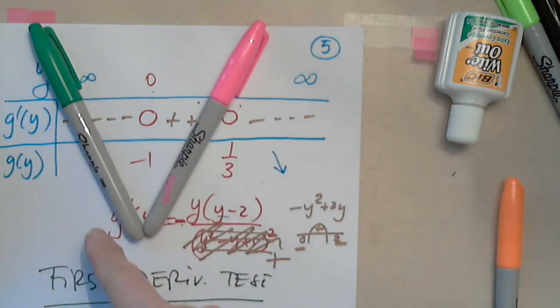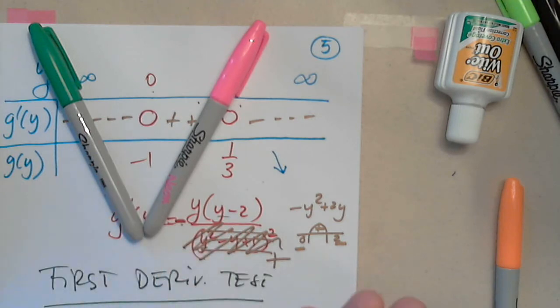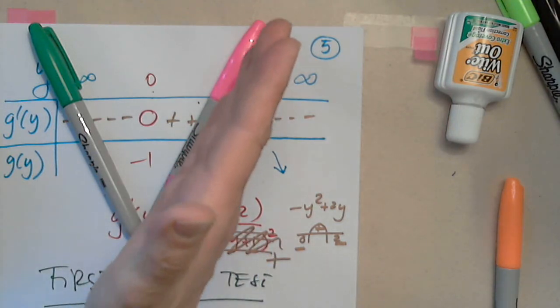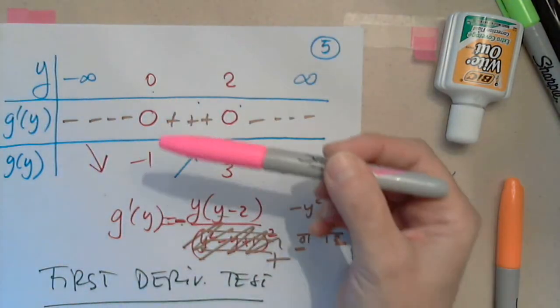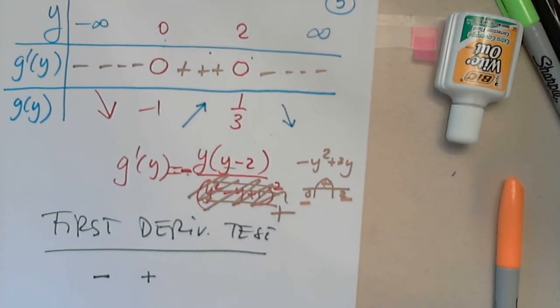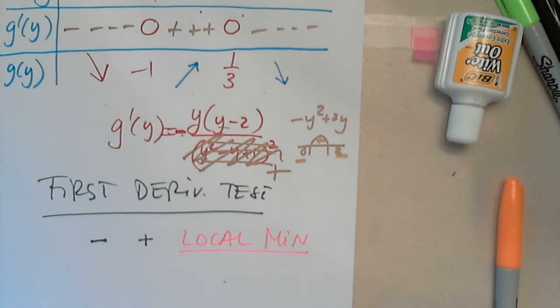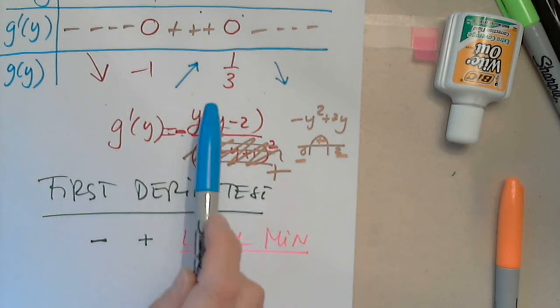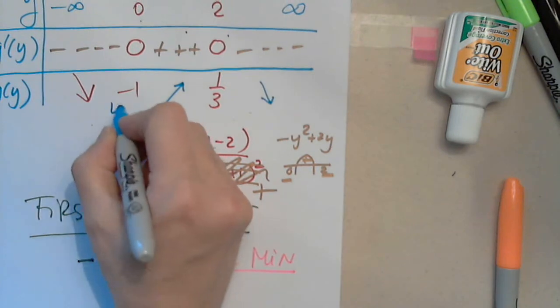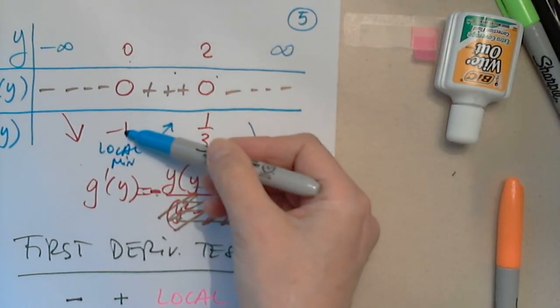It decreases to a certain point where the derivative is 0 or undefined, and then it increases. What type of point will (0, -1) be? What will this one be? So I'm going to write here local min. (0, -1), local min.